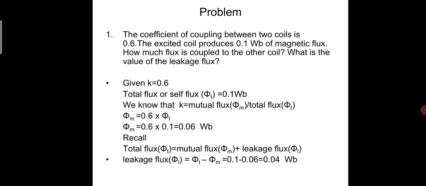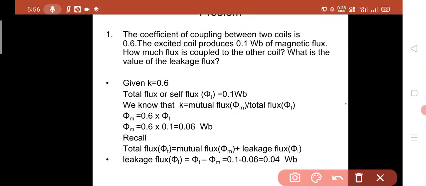Okay, write down given data. The coefficient of coupling K is equal to 0.6, and total flux or self flux φT is equal to 0.1 Weber.